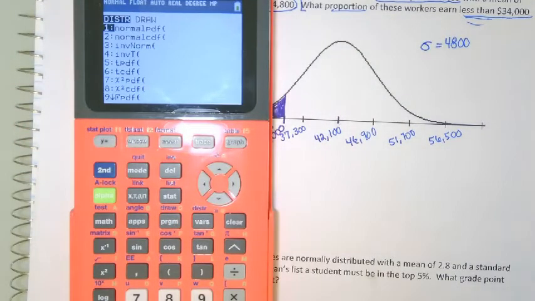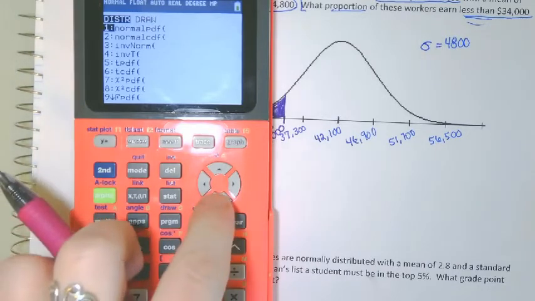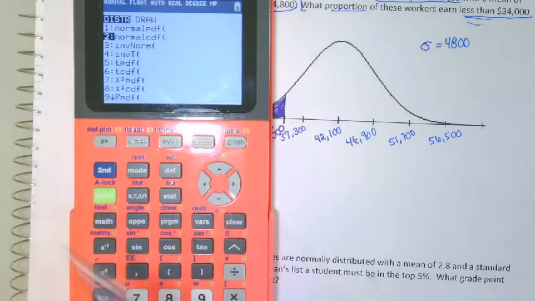and I'm given a list of different distributions I can choose from. And you'll notice at the top there's two different options for normal PDF and normal CDF. And you want to make sure that you're selecting number 2, normal CDF. So I will arrow down so number 2 is highlighted, and then I'll hit the enter key.